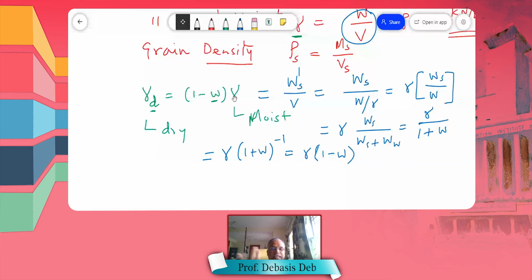Now, as I told you, then I dry it up. I find out the small w, that is the water content. Now, once I know the water content, I also know the dry unit weight. So many times this dry unit weight is expressed. So that is the basic. After that, depending on the saturation, its moist unit weight or moist density will change.